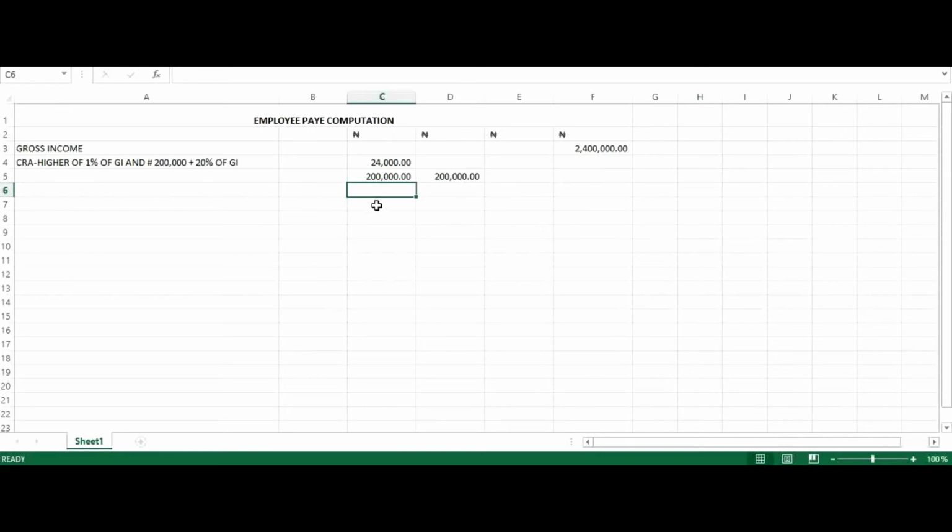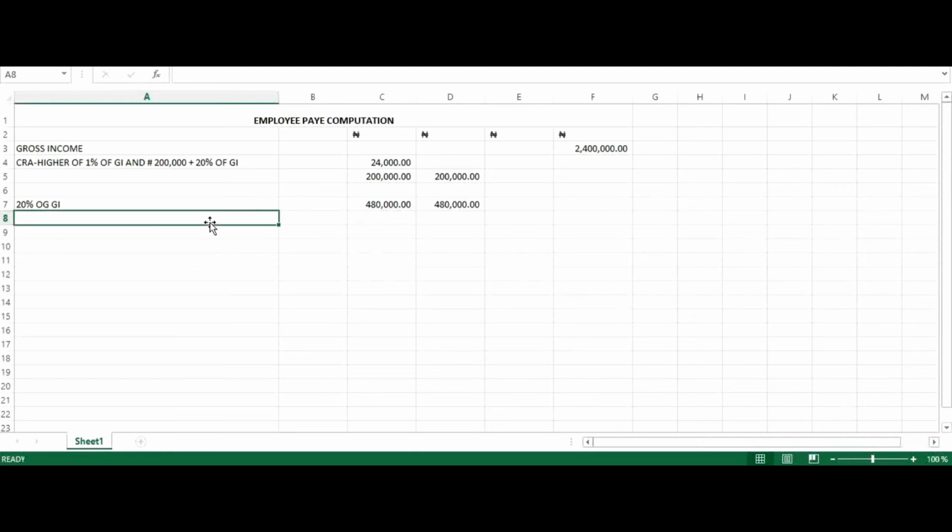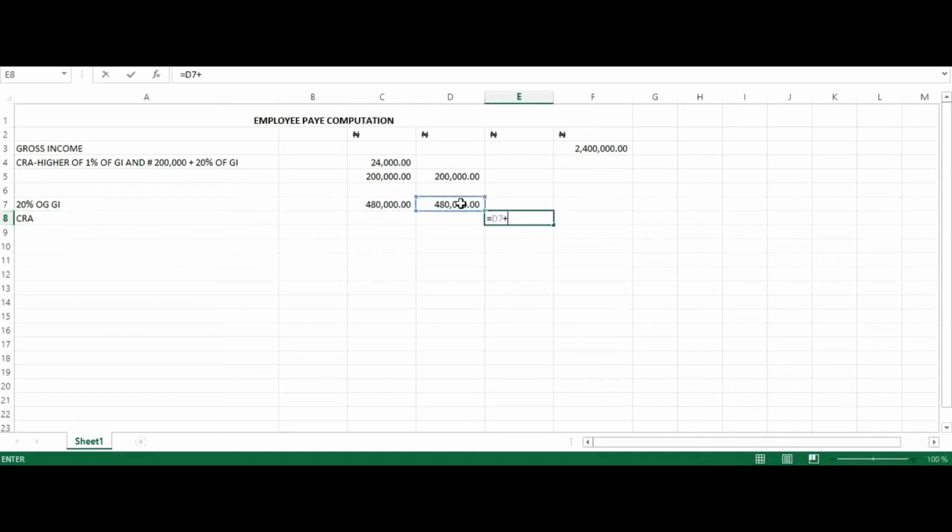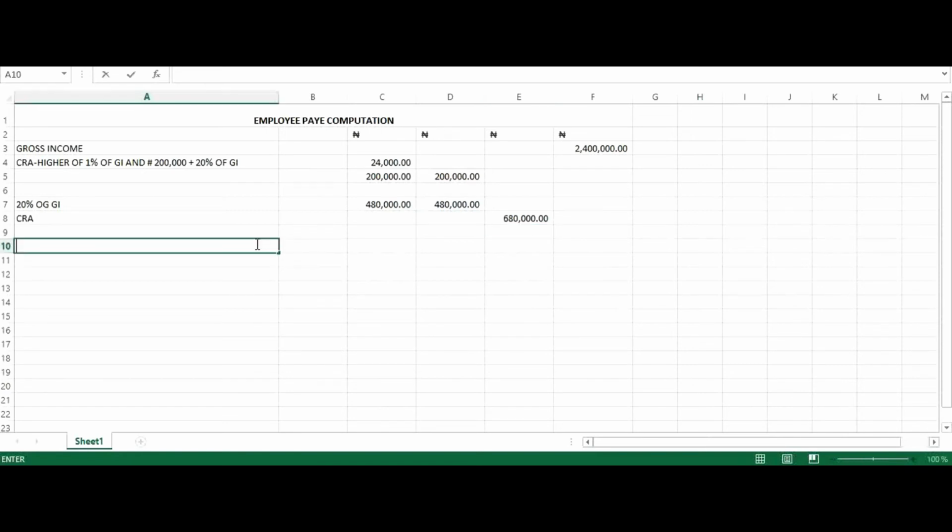Plus 20% of gross income. We have it as 480,000. The consolidated relief allowance in this case is 480,000 plus 200,000. We have that as 680,000.